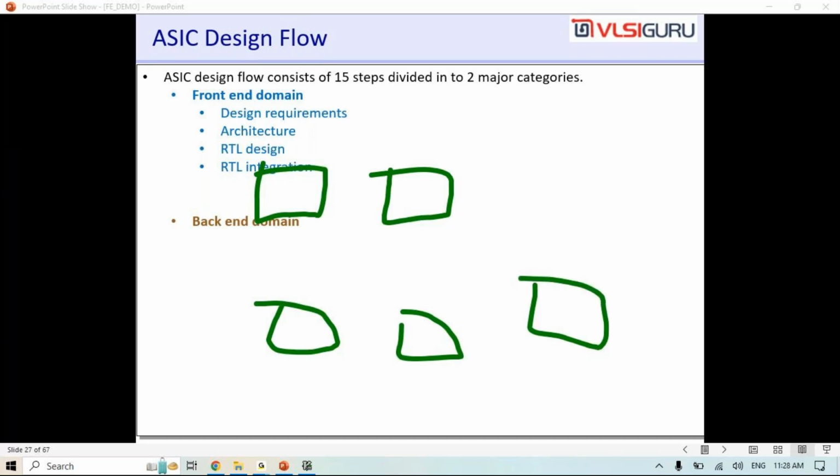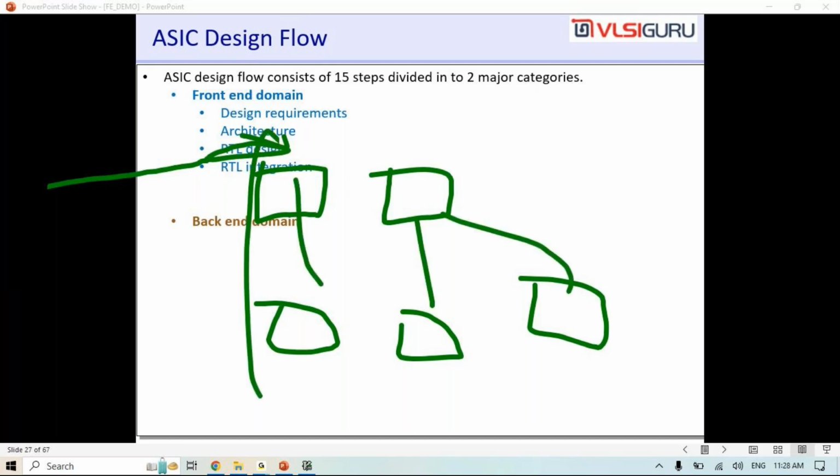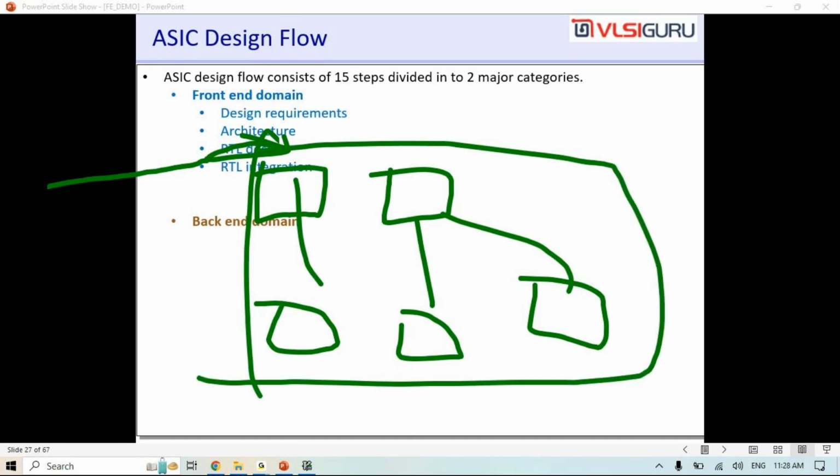The people who develop these blocks are called designers. Then you have to put together everything. That is called what? Integration. Simple term, right? Integrating the smaller designs. That is called RTL integration, right?